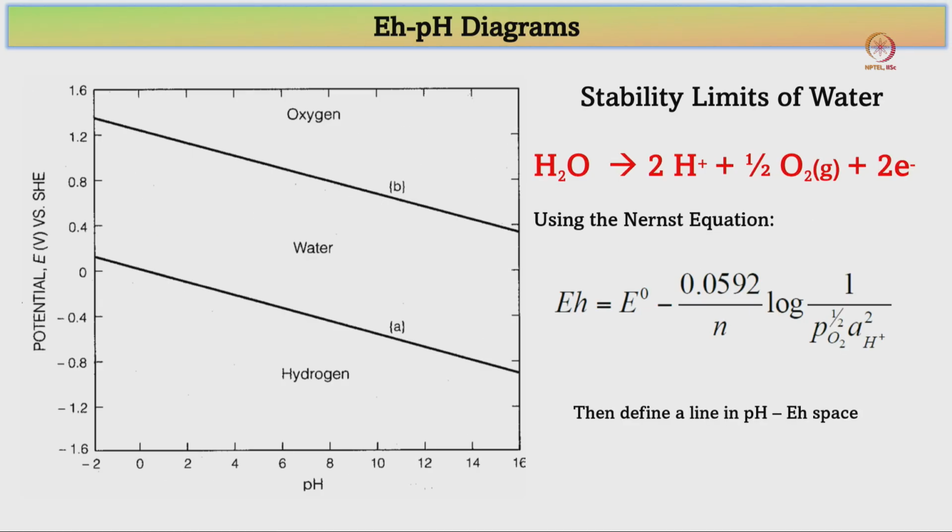Now, how do we create these EH-pH diagrams? They are extremely important when we are trying to model contaminated systems, and specifically in the mining sector, when you are trying for reclamation, when you are trying to reduce the environmental impact.